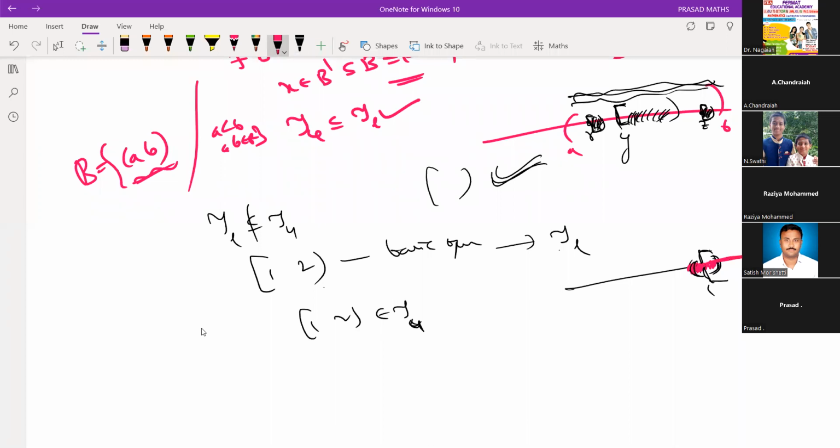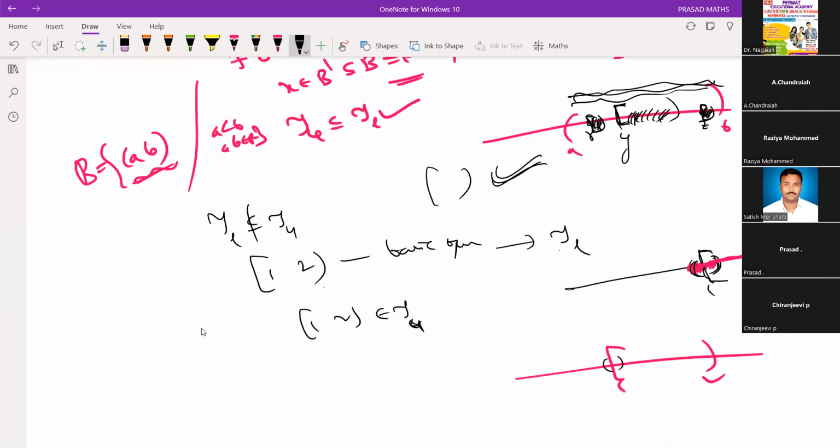Can you find a basic open set contained in this region? No, because this left side region is outside of this. Therefore, it is not an open set with respect to the usual topology. Is it clear?